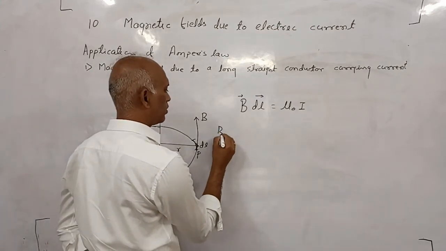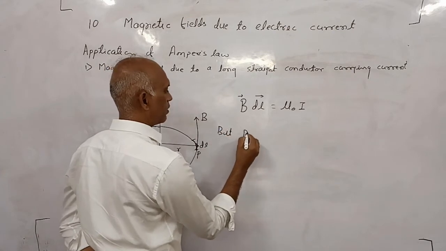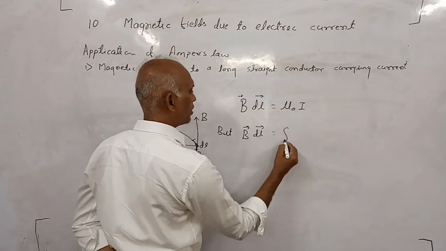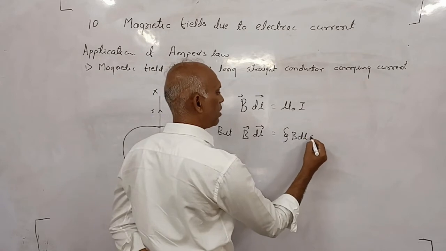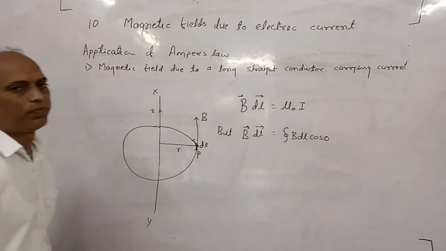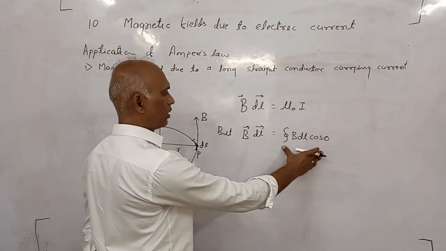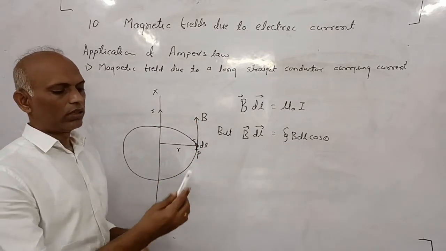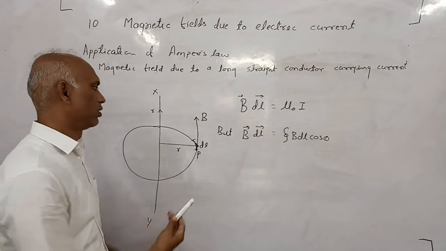Also we have learned that the integral of B dl is nothing but the integration of B dl cos theta. This is in vector form. So if we take the integration of this, now we have to consider that the magnetic induction around the current carrying conductor is the same in all directions.